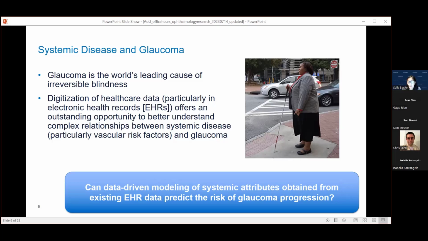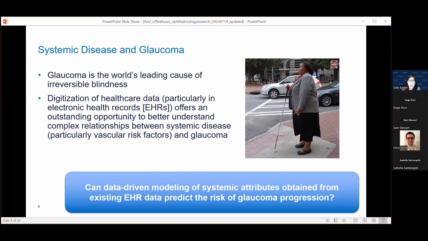And so the root of this question was around whether we could have clinical decision support and develop models to be able to identify patients at high risk for glaucoma based on things like their blood pressure and other risk factors. And in order to do that, we would need to have high-performing predictive models that take those systemic attributes and then can predict their risk of glaucoma progression. And so that was kind of the underlying question for this project.